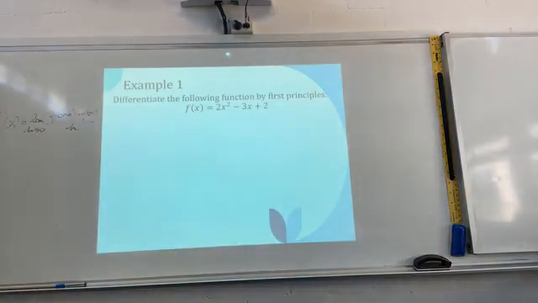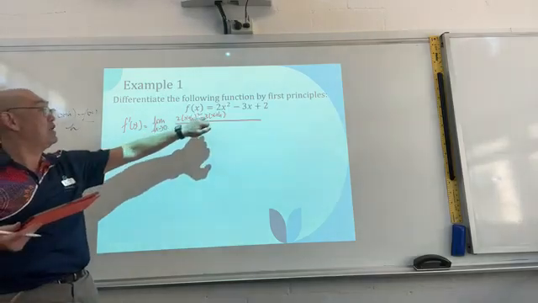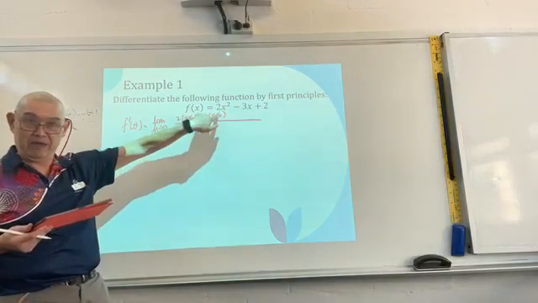So if I write this, the way that I would write it is f dash x equals the limit h approaches 0. Now, I'm going to start off with 2(x plus h) squared. All right? Take away 3(x plus h). From memory, a lot of people just wrote down something like this as 3x plus h. You forgot the bracket.